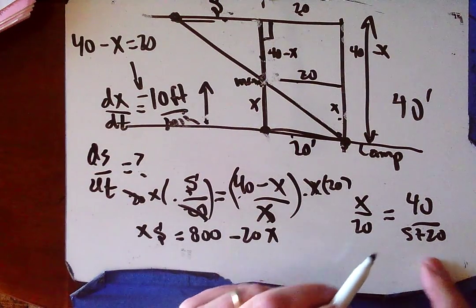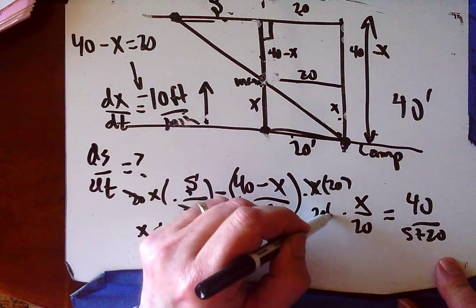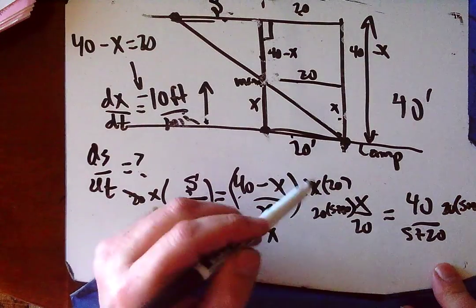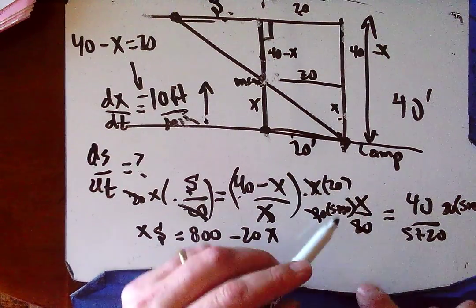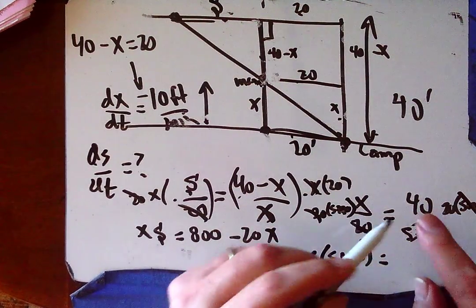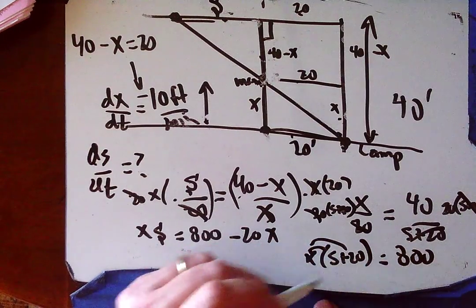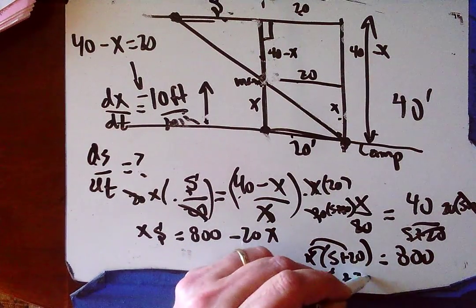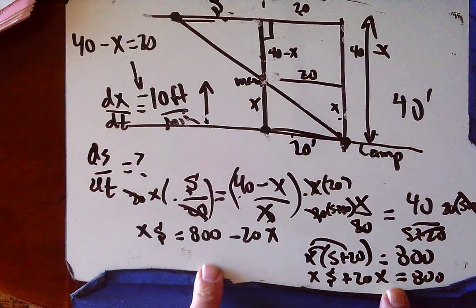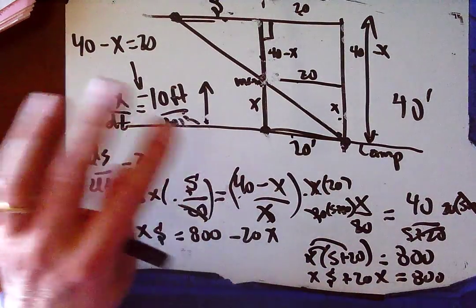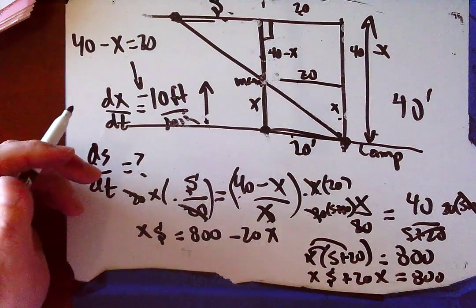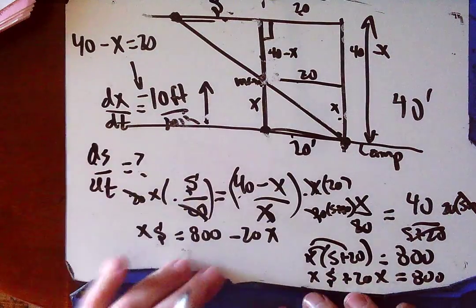Now let's come over here and cross multiply again. 20 times s plus 20. And so the 20s cancel, and I have x times s plus 20 equals over here 800. And if I distribute, I get xs plus 20x equals 800. Hey, same, right? So it doesn't matter which of the many similar triangle proportional sides relationships I set up, I should pretty much always end up here with this.